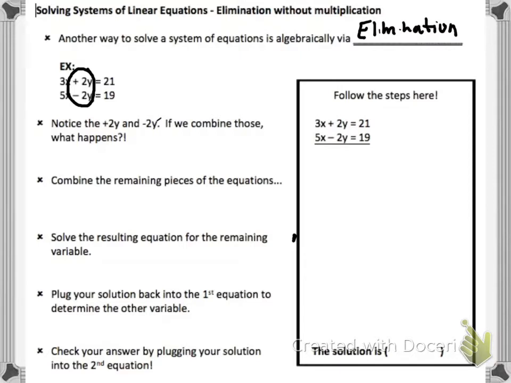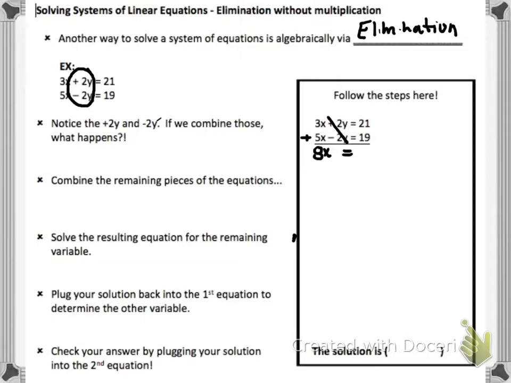We lined them up here in the steps: 3x plus 2y equals 21, 5x minus 2y equals 19. If I add these two equations together, 3x and 5x gives me 8x. Positive 2y and negative 2y cancel out, or what we call eliminate each other.